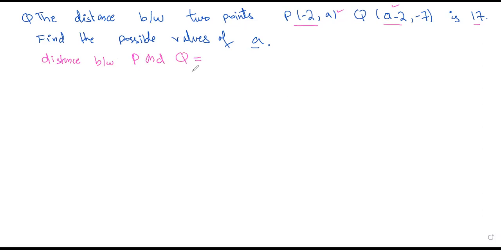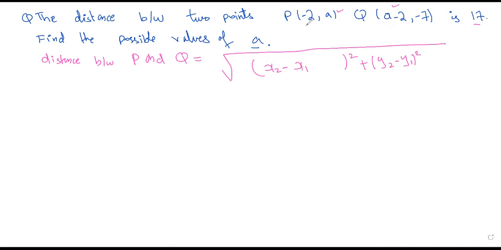Because that would be the distance between these 2 points. So I can find it as under root of the difference of these. So the formula is (x2 minus x1) whole square plus (y2 minus y1) square. So let's call this x1, y1, and this x2 and y2.